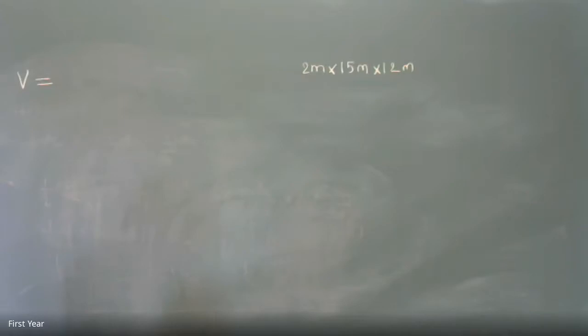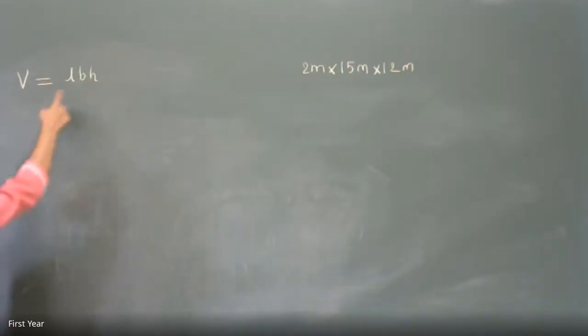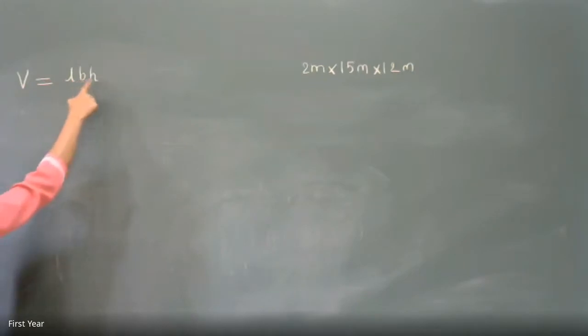So what's the formula for volume of cuboid? LBH. Length into breadth into height. Correct. So if you denote L by length, B by breadth, and H by height, then volume V is equal to LBH. Okay. So what's the volume of the pile? It is 2 into 15 into 1.2.